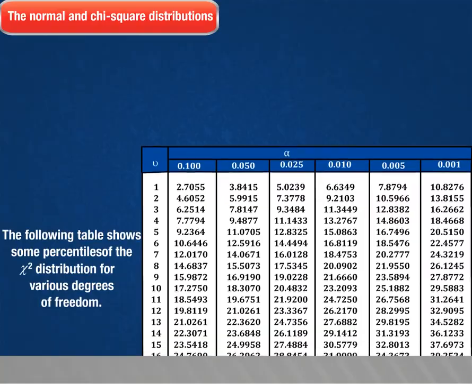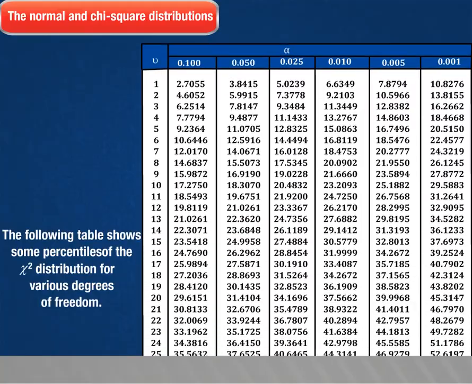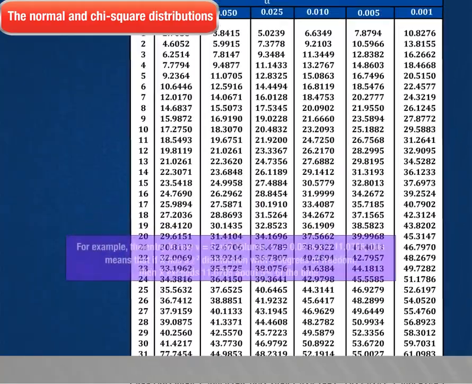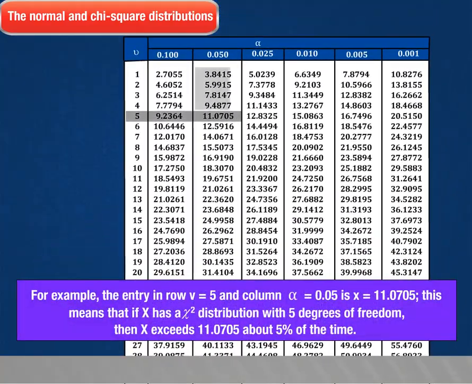The following table shows some percentiles of the chi-square distribution for various degrees of freedom. For example, the entry in row nu is equal to 5 and column alpha is equal to 0.05 is x is equal to 11.0705.